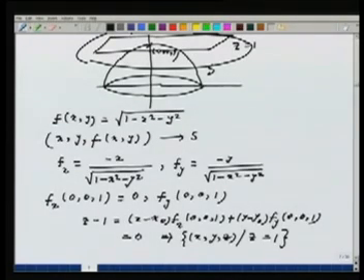Now, with these ideas, I am going to move towards the surface area, which will be used in doing surface integrals. So we start to calculate the surface area of a surface which is a graph of a function.